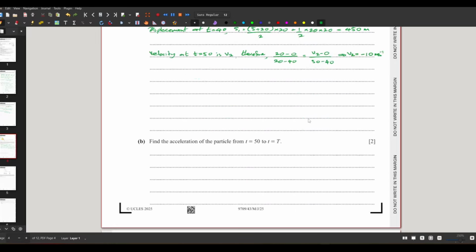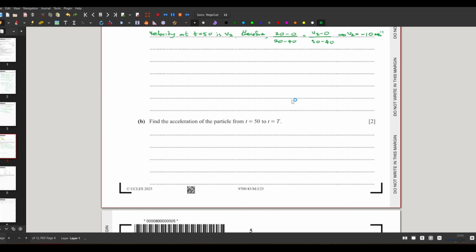Okay. Then we can consider the displacement of the return motion. So considering the displacement of the return motion, it's a triangle, so you can write half.